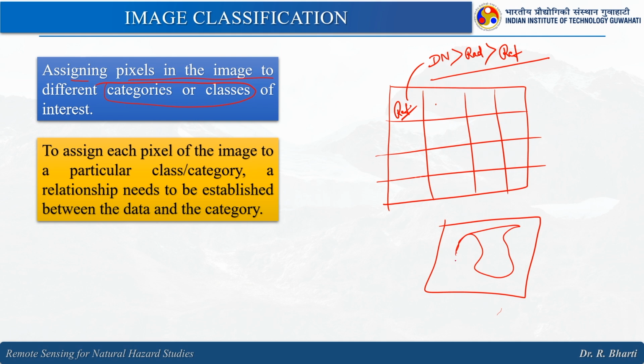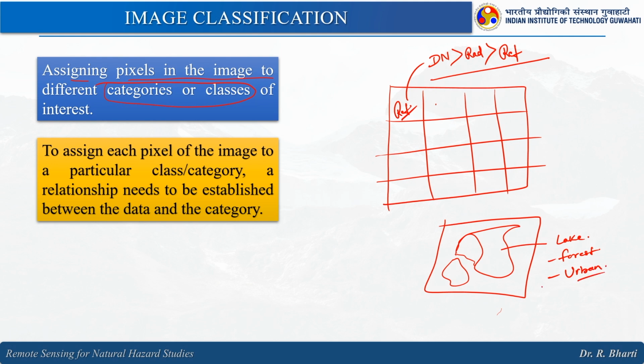You are able to see the image here, but you will not be able to quantify immediately if I ask you to tell me how much area is covered by a lake, or by a forest, or by urban.